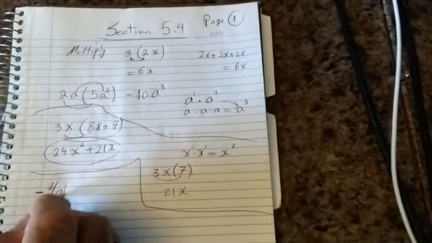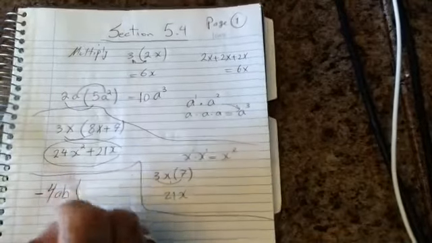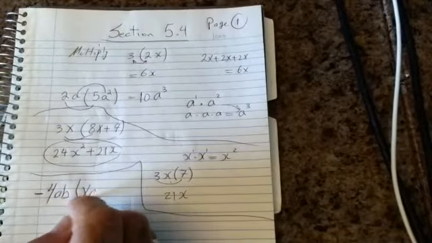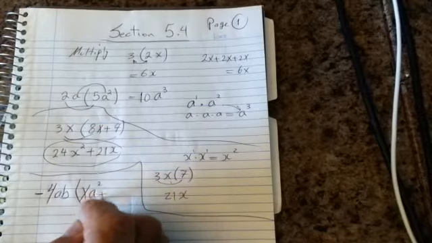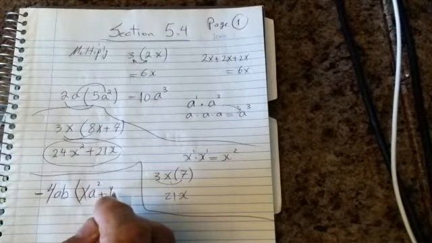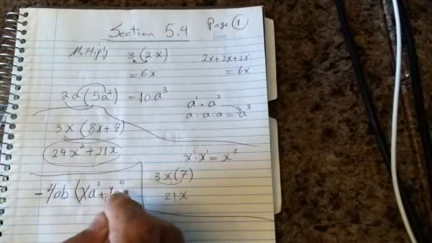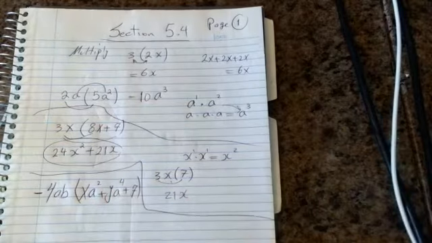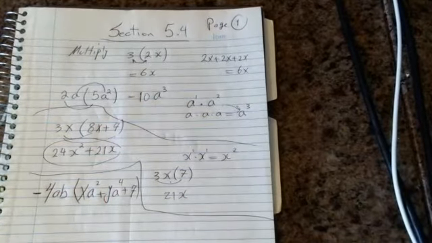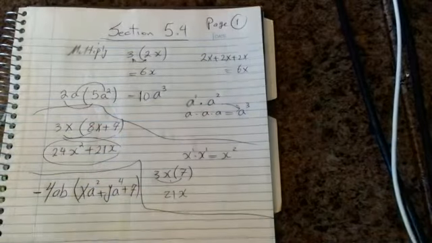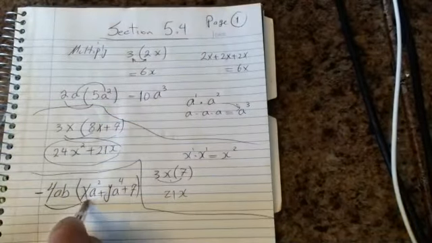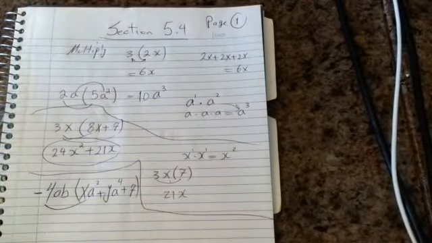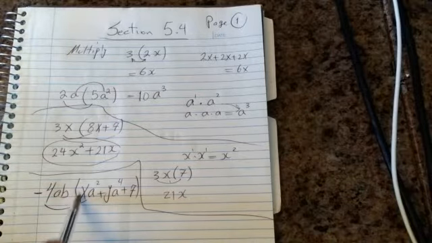Minus 4ab times xa2 plus ya4 plus 7. Let's look at this one, one by one. First, I multiply these two. There is no number here.